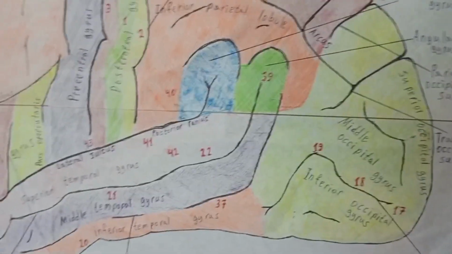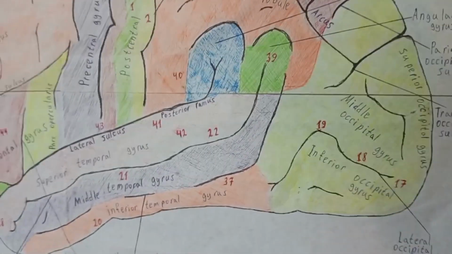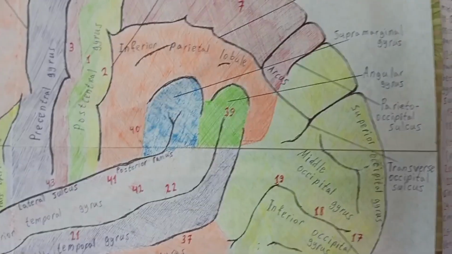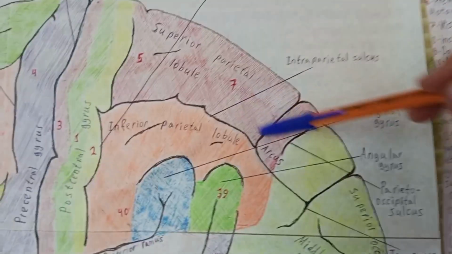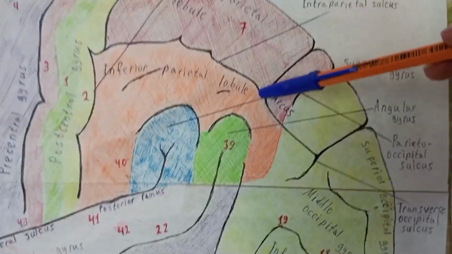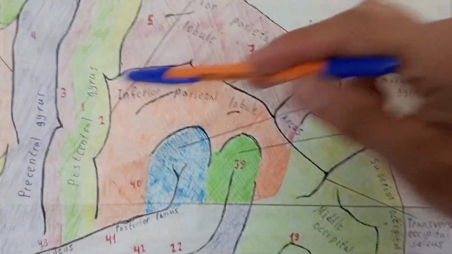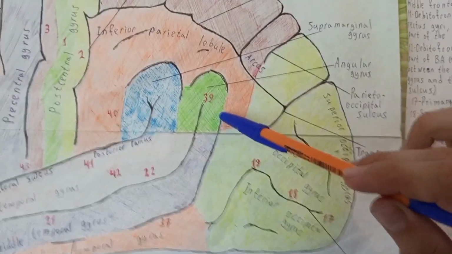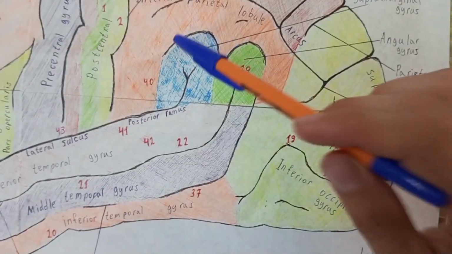These subdivisions are separated by the intraparietal sulcus, which is here. Again, the superior parietal lobule and the inferior one, which consists of the angular gyrus and supramarginal gyrus.